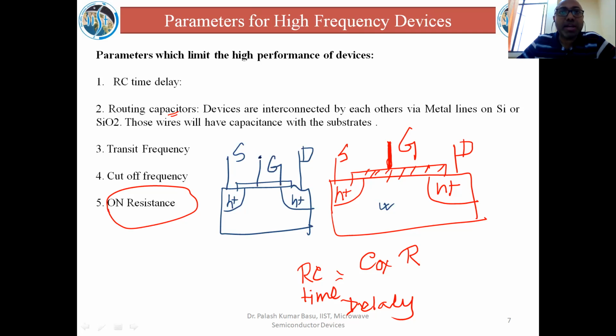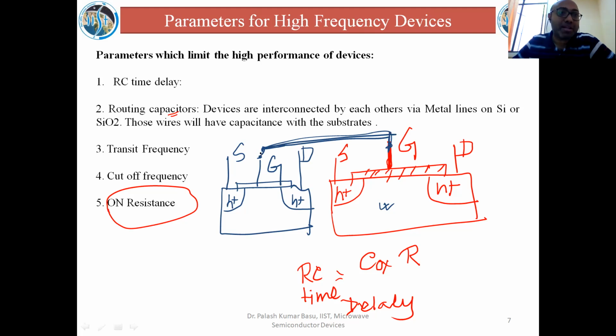You need to connect this transistor to this transistor, right? You know that in an inverter, your gate is connected. So this wire has to go and connect, correct?